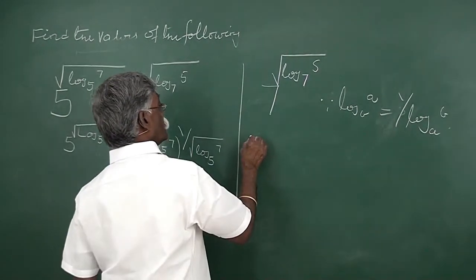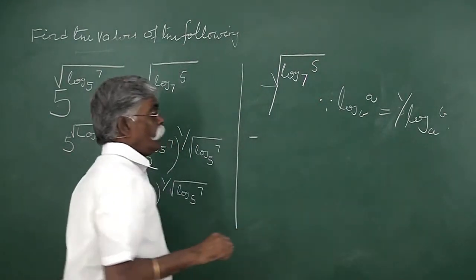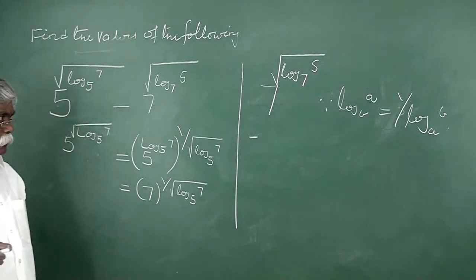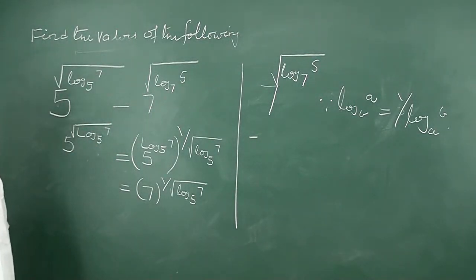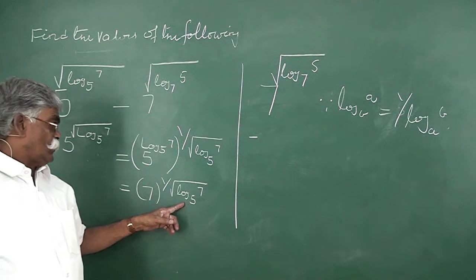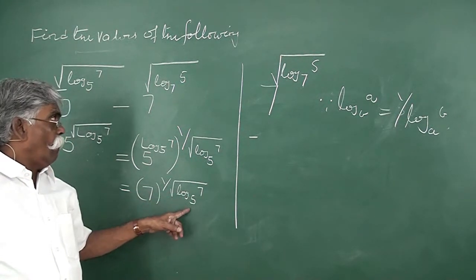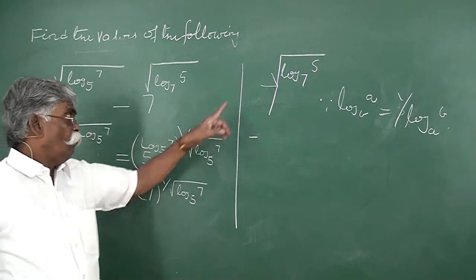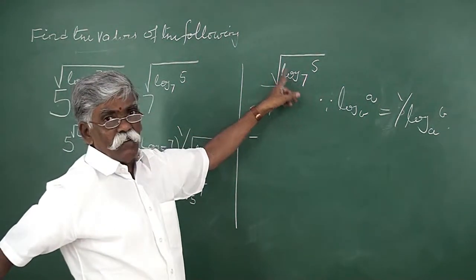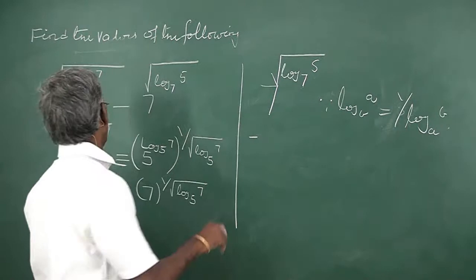So this is equal to this, which is written as 7 power square root of log 5 to the base 7.